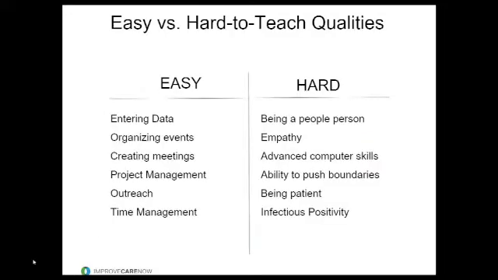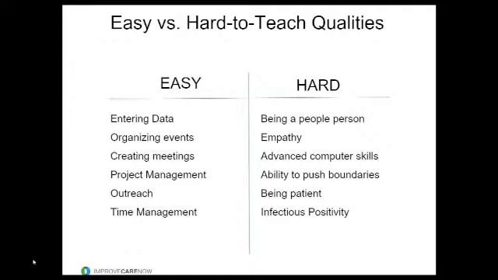And I'm going to talk a little bit about identifying potential team members, and then ask Becky to fill in. One of the things I think of when you're looking for team members is identifying people based on what qualities are easy or hard to teach, right?